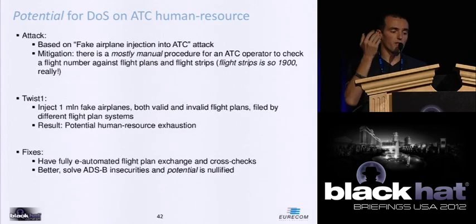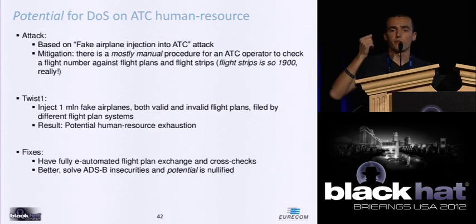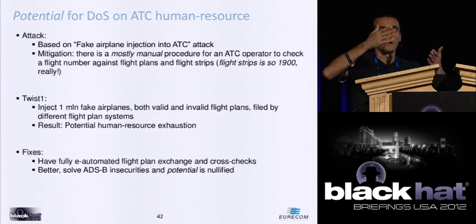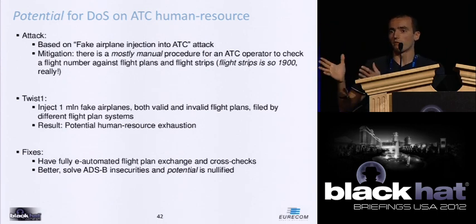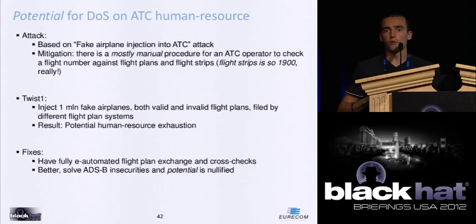Okay, there's another potential attack, which is based on fake airplane injection. When you inject a fake airplane into air traffic control, usually the air traffic control checks the aircraft, and if it's not supposed to be there, it cross-checks with flight plans and any other information, but usually it's not fully automated, or not in all air traffic control is this procedure automated.